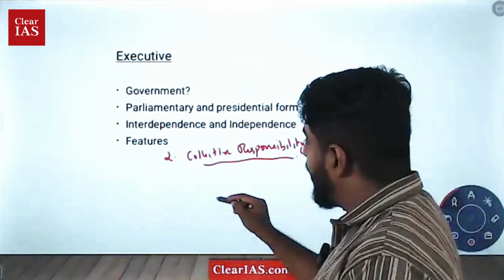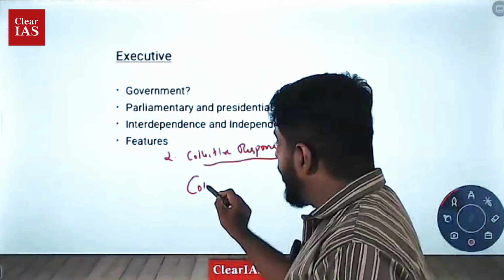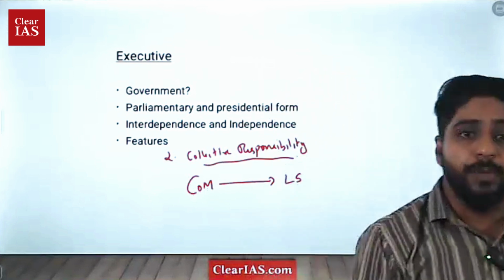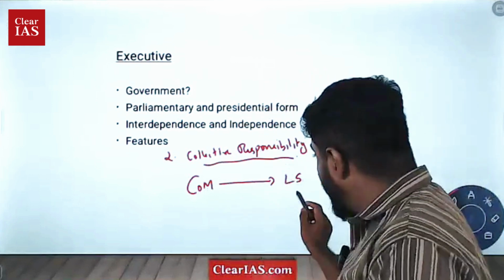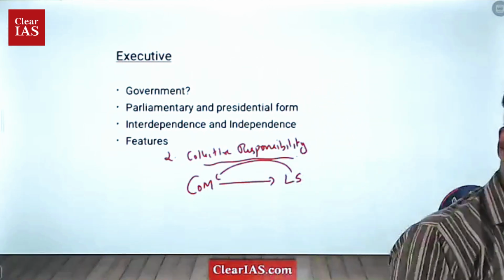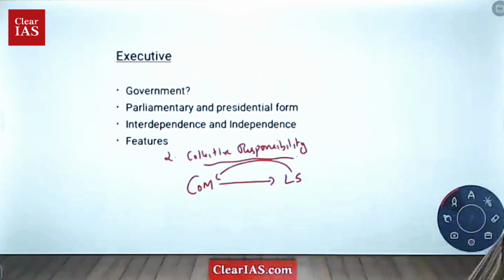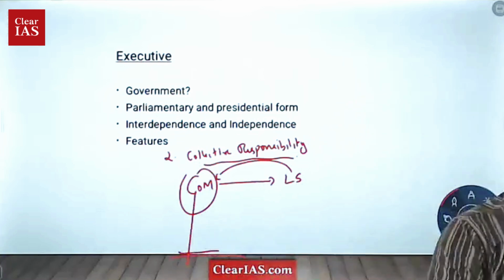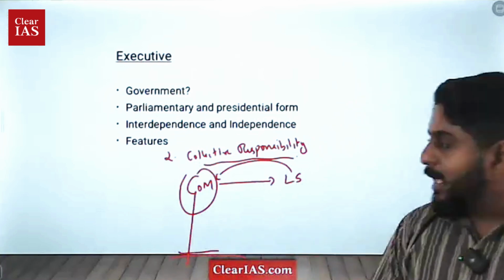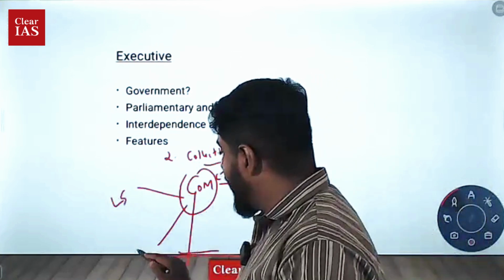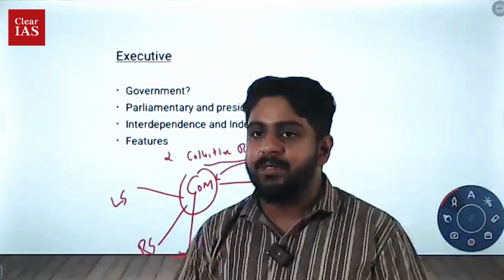Collective responsibility means the Council of Ministers are collectively responsible to Lok Sabha, which means if the majority support is lost in Lok Sabha, what will happen? The entire Council of Ministers will collapse. The Council of Ministers may consist of Lok Sabha members as well as Rajya Sabha members.